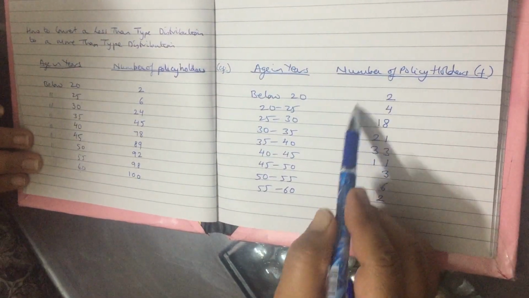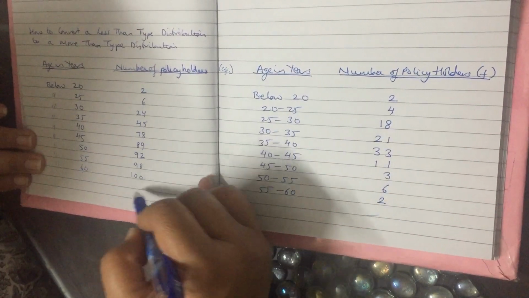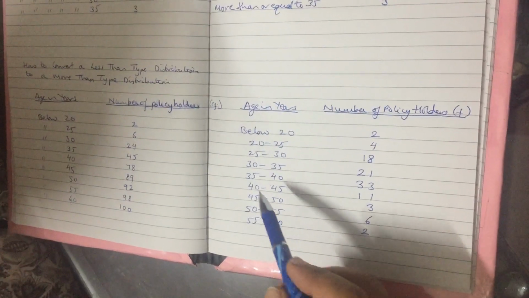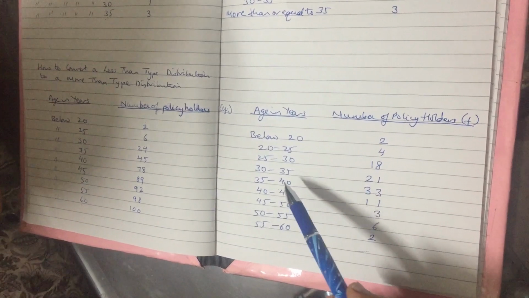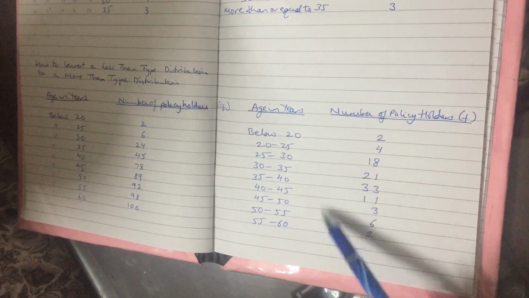So you obtain the frequencies from the cumulative frequencies. You have the table with the class intervals and the frequency.